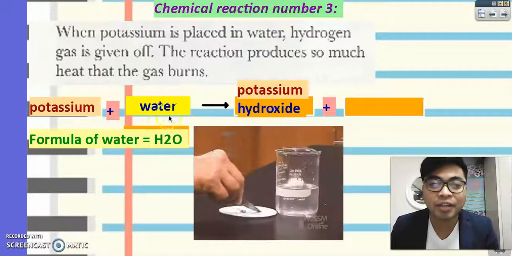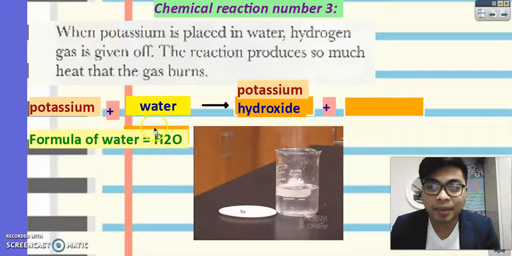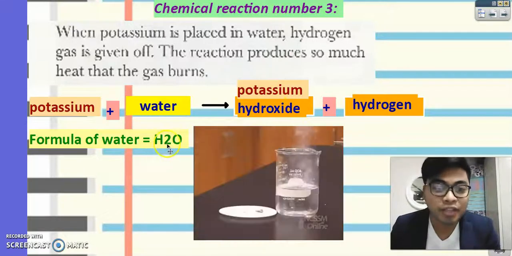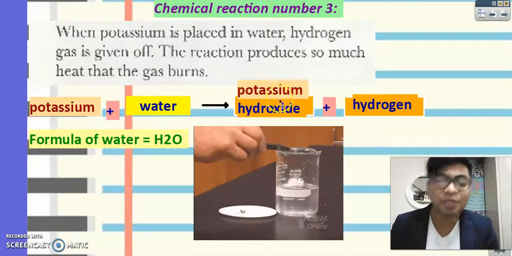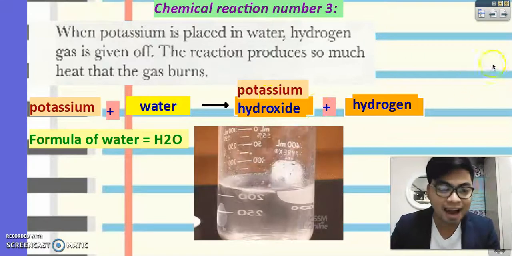Why hydroxide? Because your water contains OH plus hydrogen gas. So you have 2H here, 1H goes here, 1H goes in here, and 1 oxygen goes in the hydroxide. So therefore the product here is potassium hydroxide plus hydrogen.